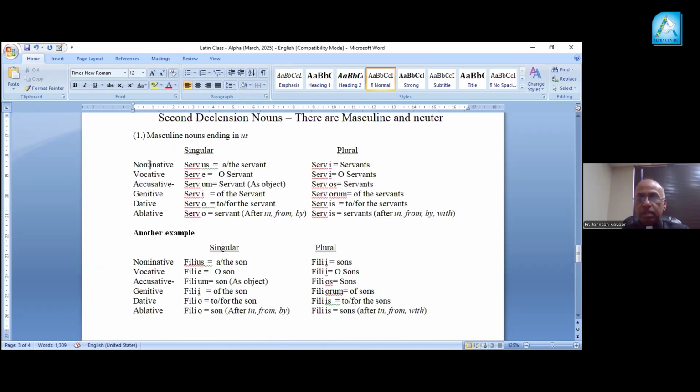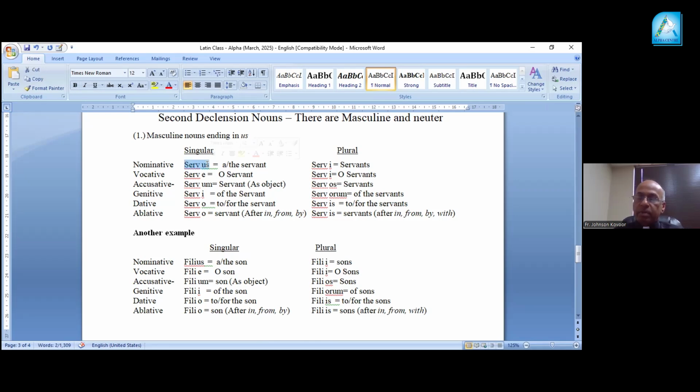And then the format is nominative, vocative, accusative, genitive, dative and ablative. There may be different grammar texts where they use genitive after vocative. But this is the easy way to follow, and most of the grammar texts use this pattern. So nominative, vocative. Servus means simply a servant.